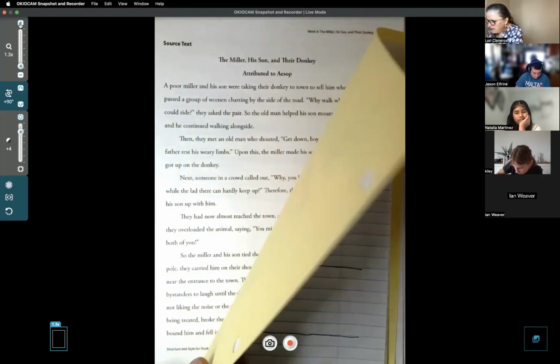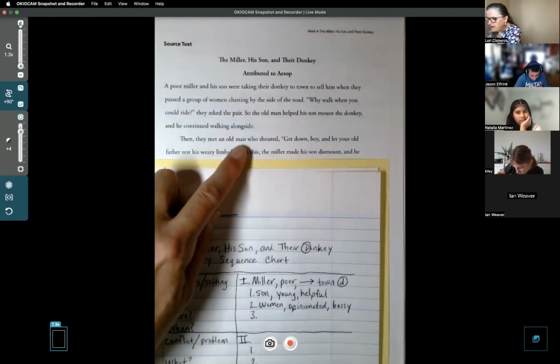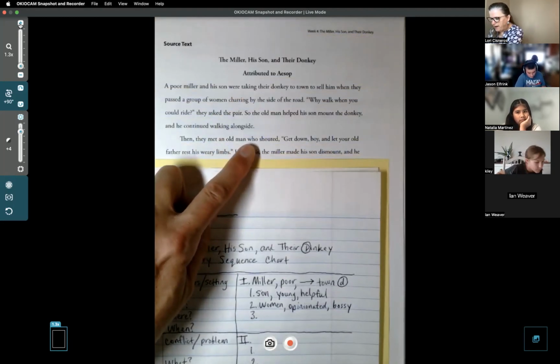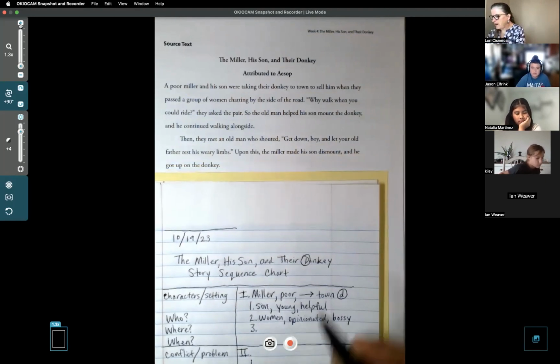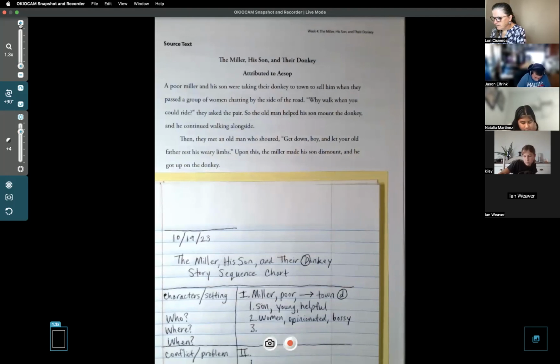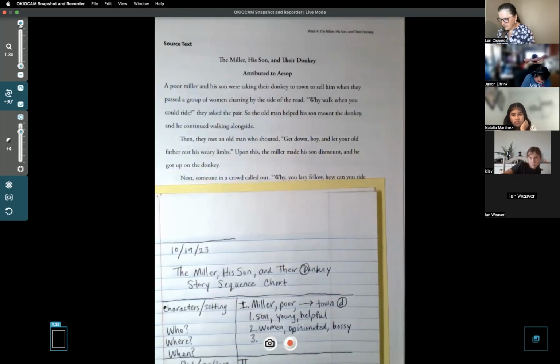And then the next character that comes in is this old man, and he's doing the same thing. He's telling them what to do, right? He's saying, I can come up with things for the donkey. Okay, go ahead, Ian. So the donkey was like, here's what's going through the donkey's mind.